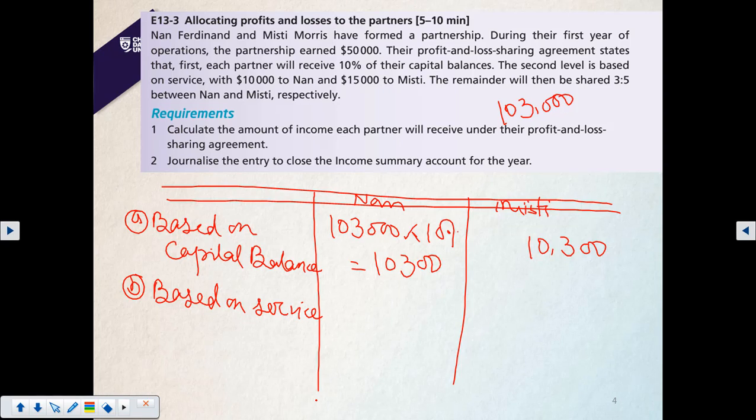It is 10,000 and 15,000. Is that okay? Because based on their service, one will get $10,000 profit, another one will get $15,000 profit. The third is based on ratio.